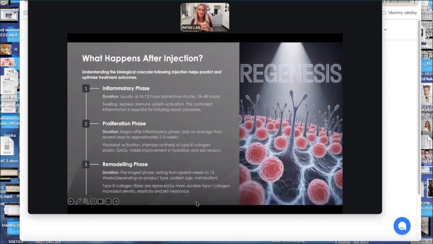So for me, the most important thing is prevention, before they even start slowing down, because I know from my own experience how hard it is to recreate them. In my personal journey with my skin, my glycation level is really high, which means the free radicals in my body are crazy high.